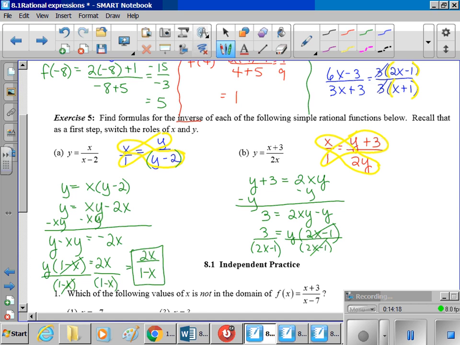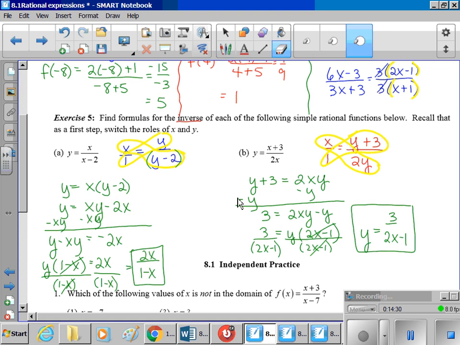So you get y is equal to, I'm sorry, I should have written this way. y is equal to 3 over 2x minus 1, which is the definition of my inverse. Here I should have said this is equal to y. Technically it's y inverse, but we'll leave it as just y. This is the inverse, as is this.